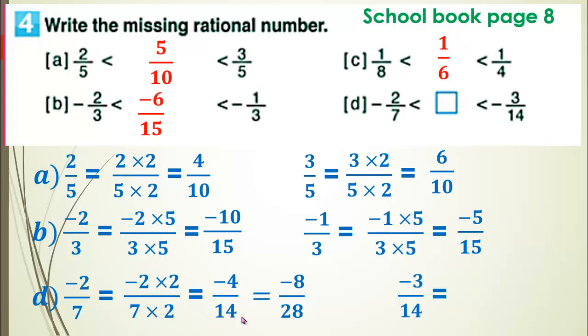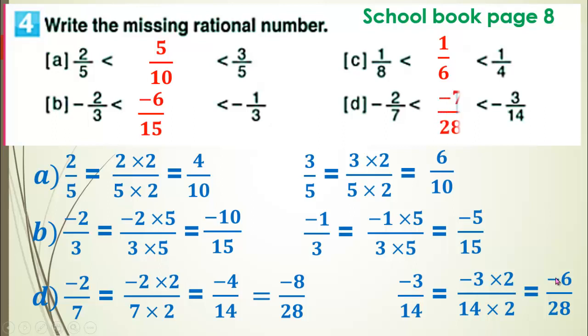And the same goes for negative 3 over 14. Multiplying the numerator and the denominator, both of them, by 2, I will have negative 6 over 28. Now again, I have the same denominator. And between negative 8 and negative 6, there is one number, which is negative 7 over 28.